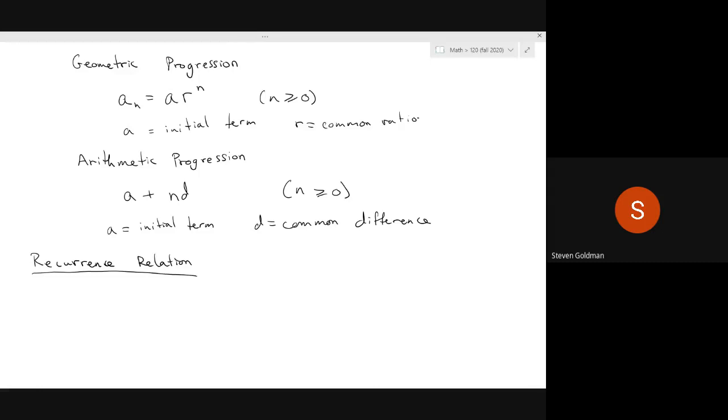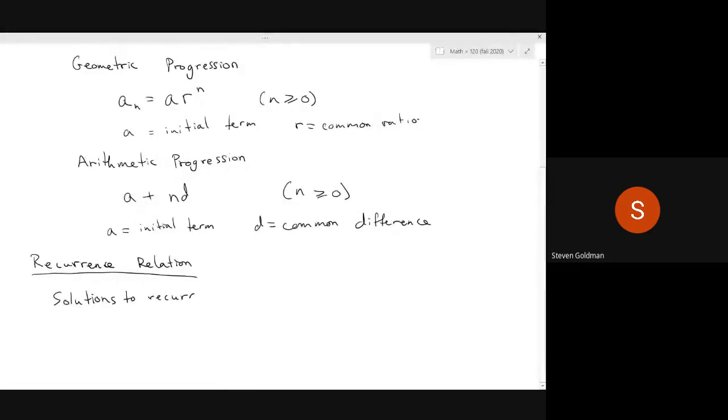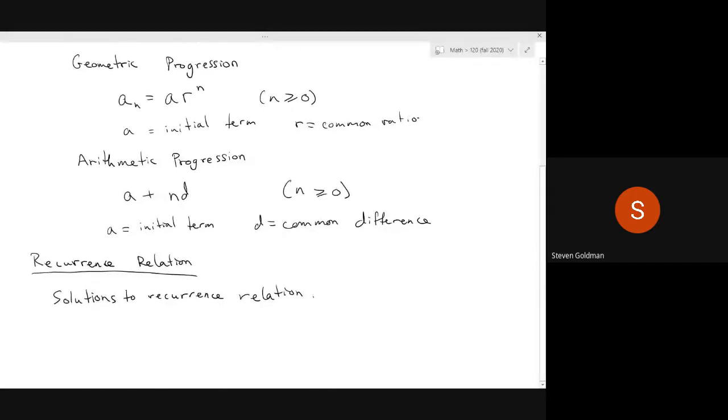If you're given a recurrence relation, it's nice to find a solution to it. A solution to a recurrence relation is an explicit or closed formula for the sequence that fits with the recurrence relation, giving us the same sequence.